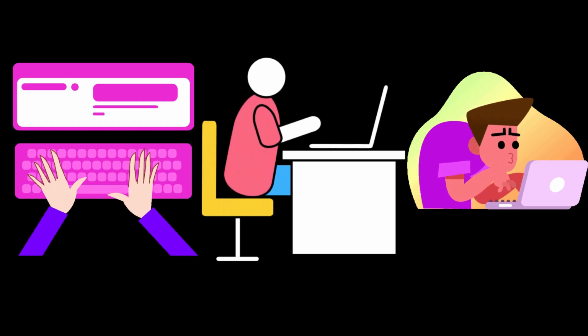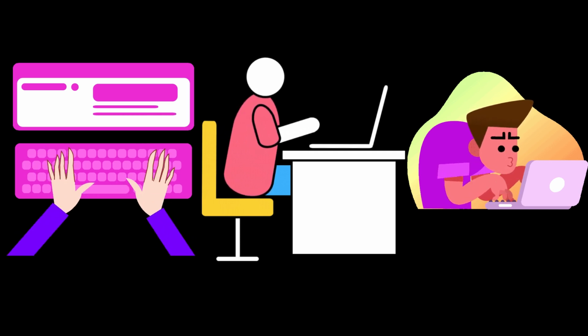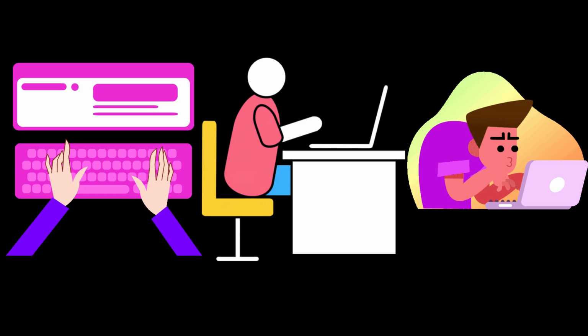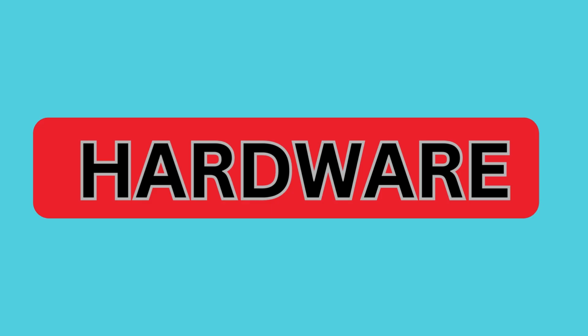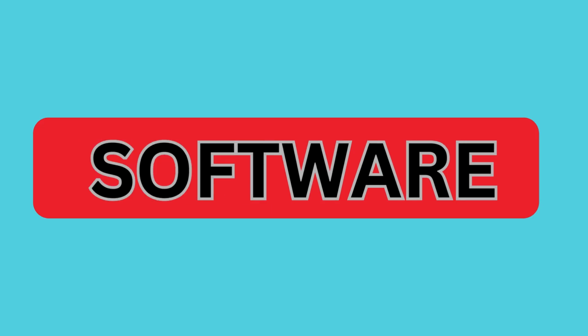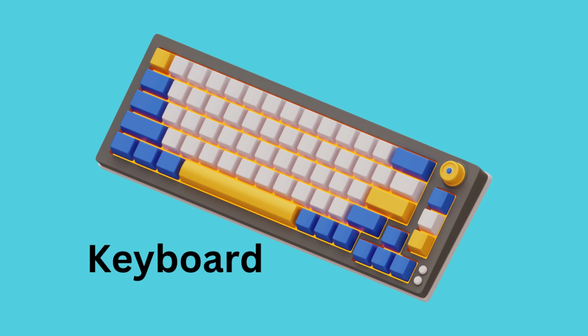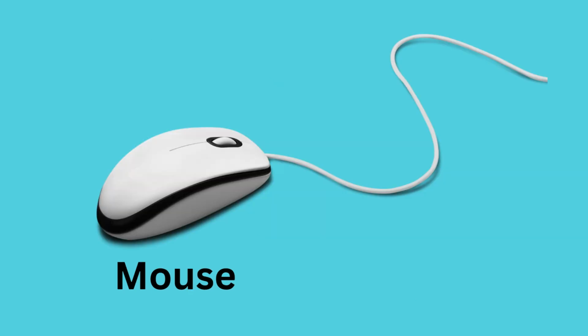Before we talk about different types of computers, let's talk about two things all computers have in common: hardware and software. Hardware is any part of your computer that has a physical structure, such as the keyboard or mouse.